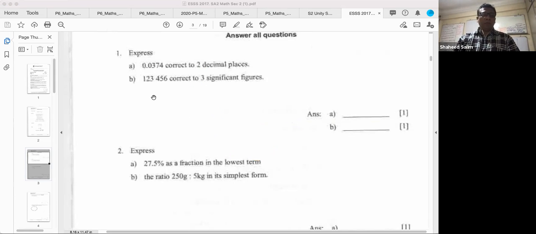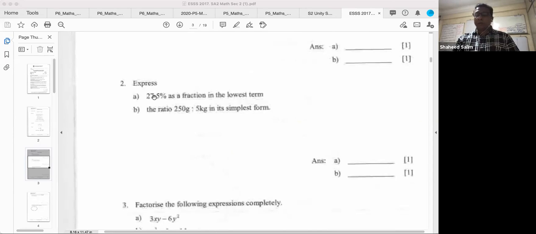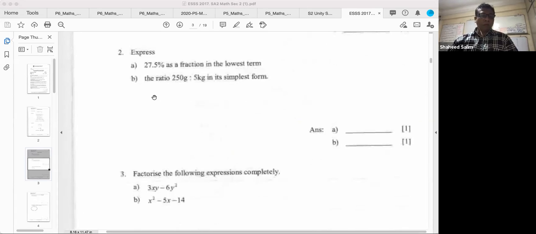All right, the next one. Okay, Inshira, well done. You can use your calculator, no problem. For 2A, you cannot have a decimal as a fraction.